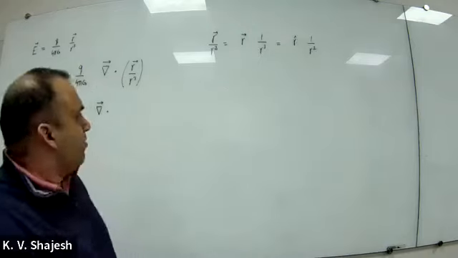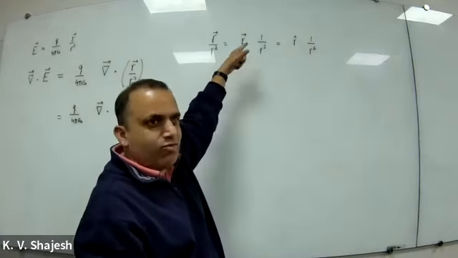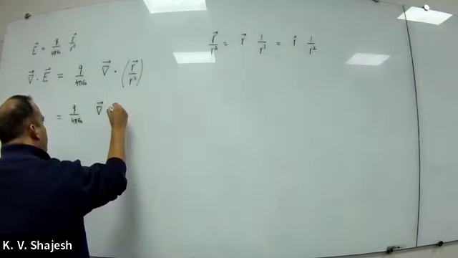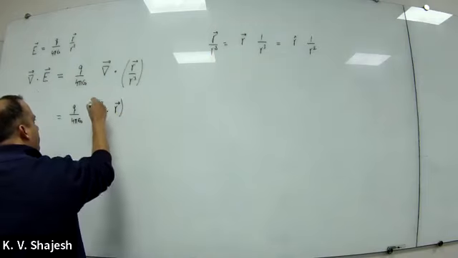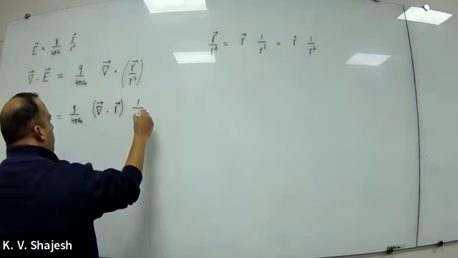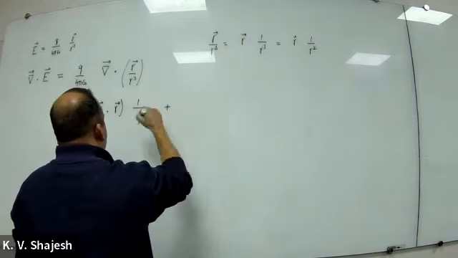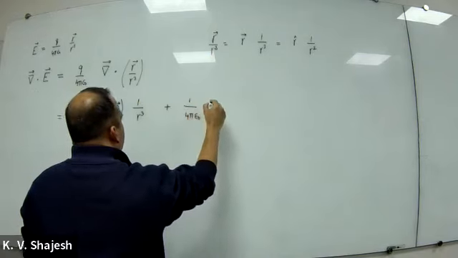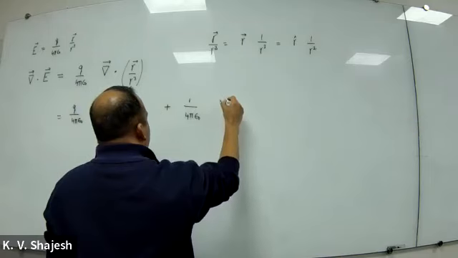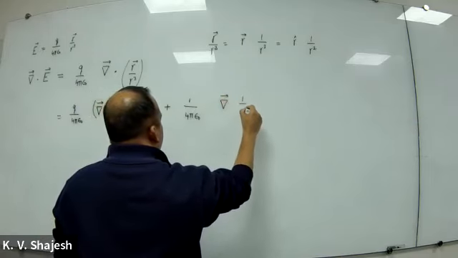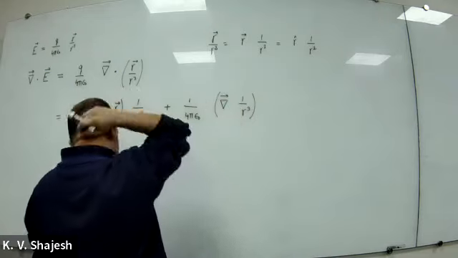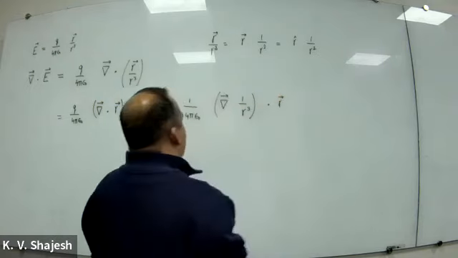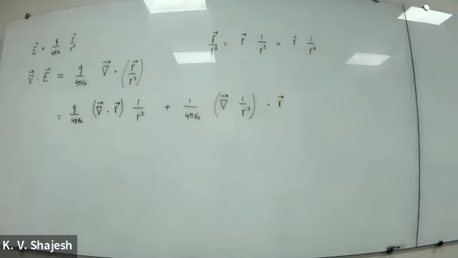But in a minute I will convey why I would like to write it as r over r cubed. Okay, so I can evaluate the gradient on 1 over r cubed and leave this alone, and dot with r. Clear?